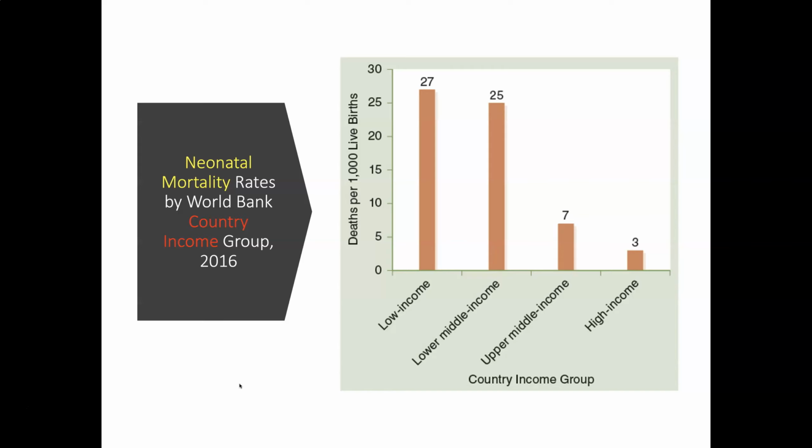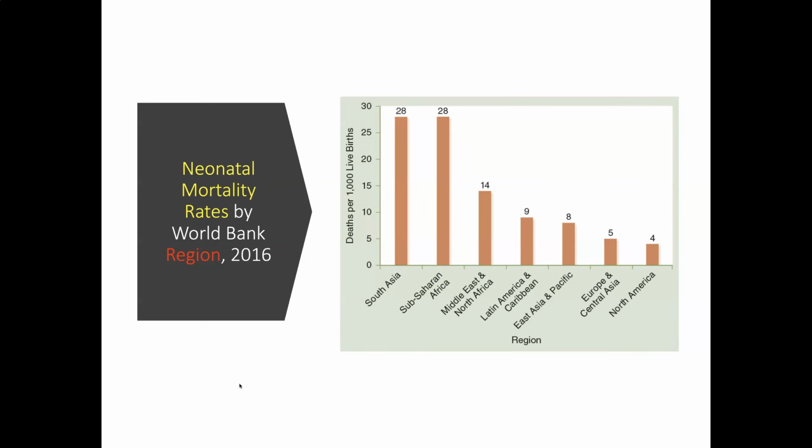And so again, you can see the stark difference depending on income level of a country and between specific regions. So again, the same things that we're seeing, with South Asia and Sub-Saharan Africa being the highest, and North America, Europe, and Central Asia being less so.